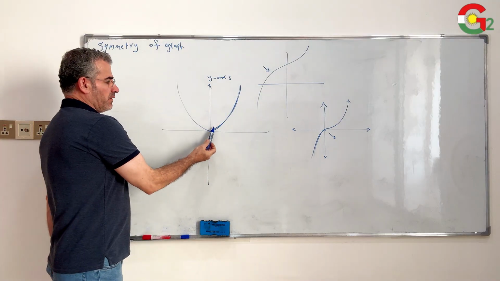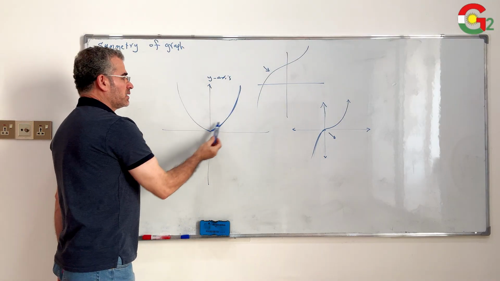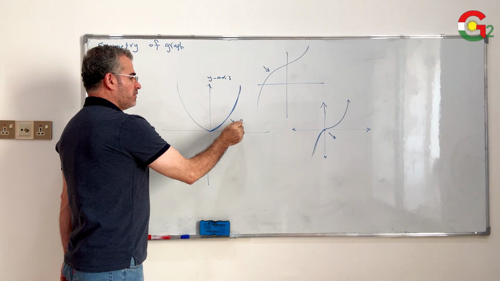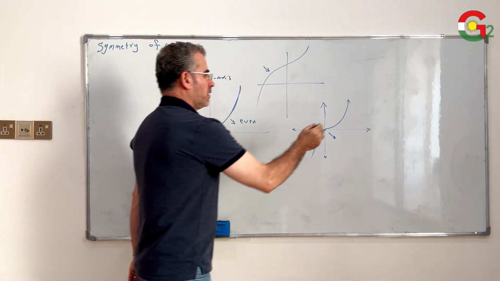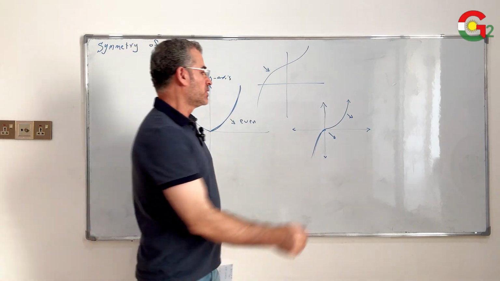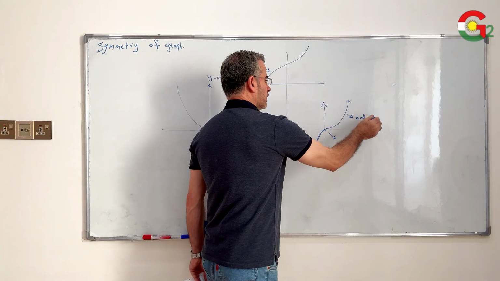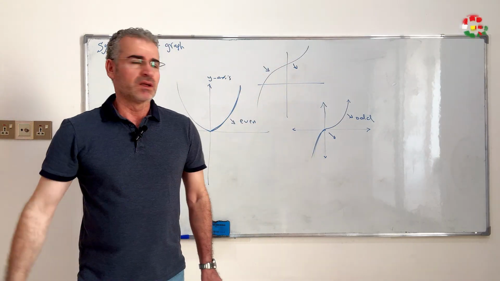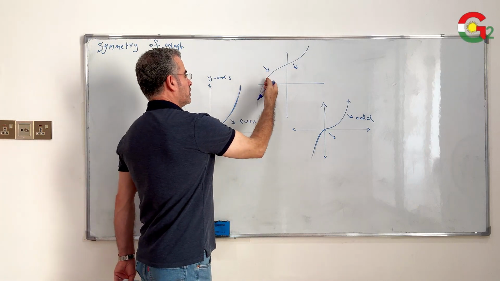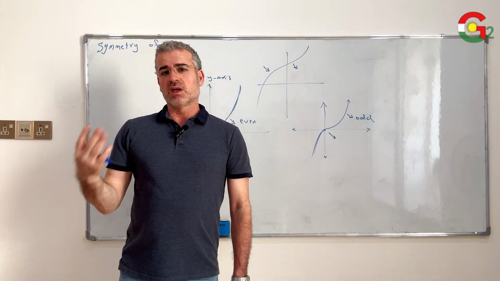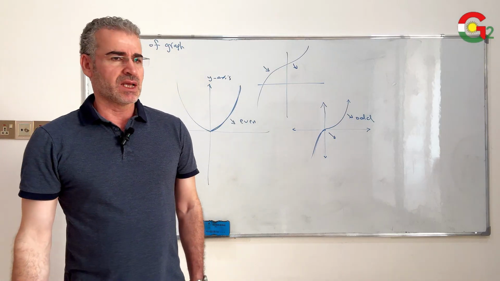The function that is symmetric with y-axis is called an even function, and the function that is symmetric with the origin is said to be an odd function. The function is neither if it is not odd or even, or it is not symmetric with y-axis or with origin.